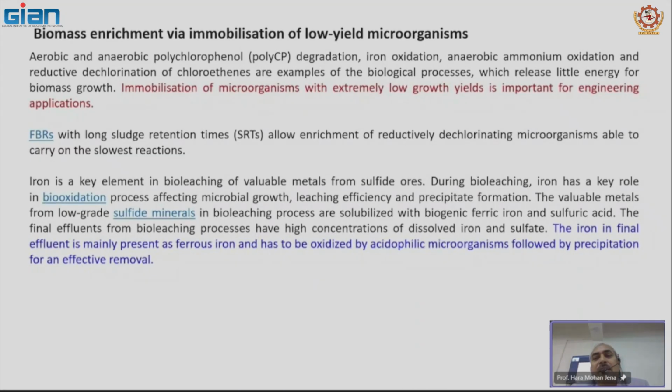So the challenge is biomass growth when the energy release is less. Immobilization of microorganisms with extremely low growth yields is important for engineering applications. Immobilization can take care of this.